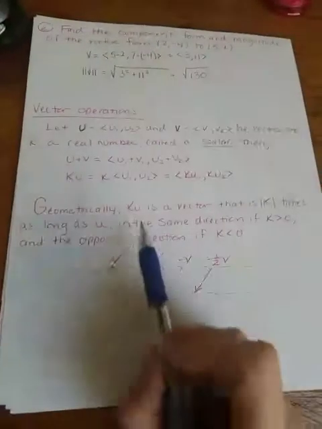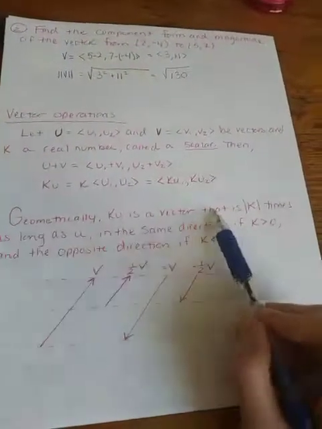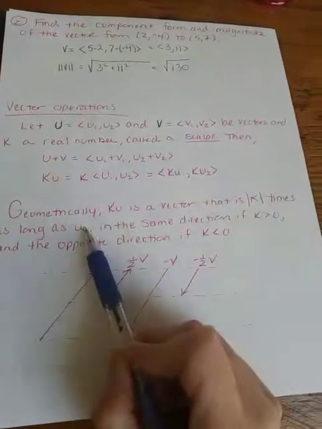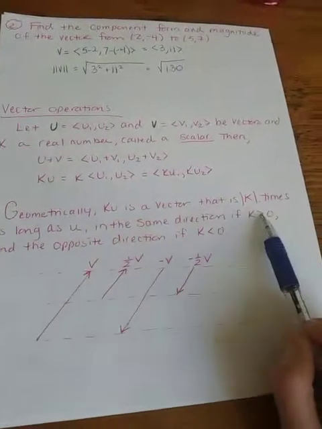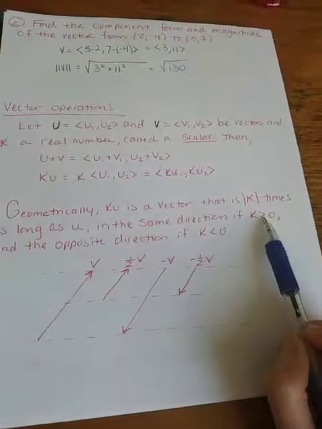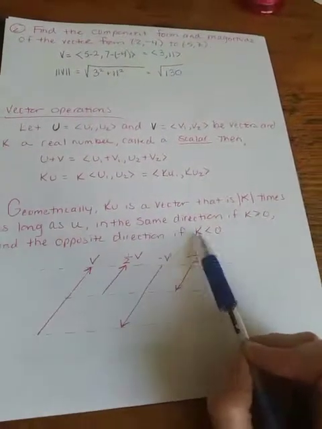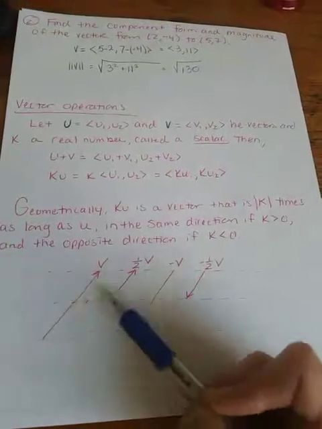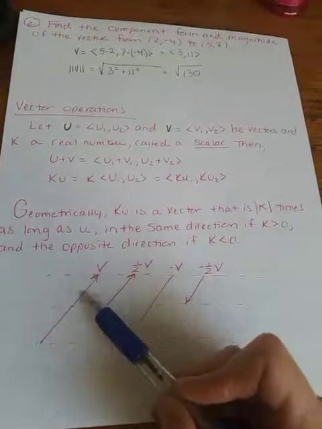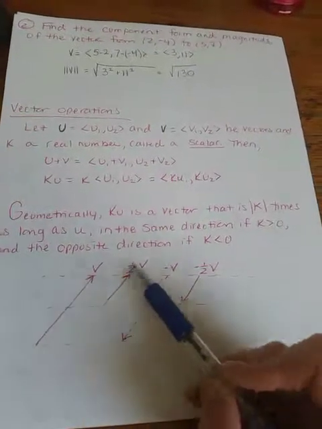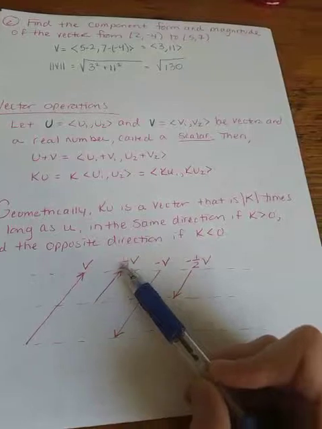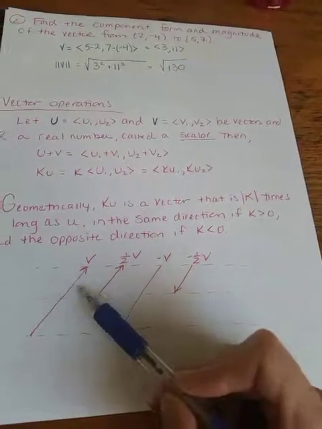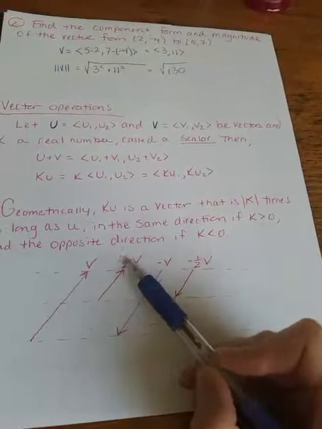Geometrically, what do these look like? The vector k times u is a vector that is the absolute value of k times as long as u. It would be in the same direction if k is greater than 0, and the opposite direction if k is less than 0. For an example, this is not drawn to scale, but if this was your vector v and your scalar was 1/2, then 1/2 v is just half the length of your original v, in the same direction because k is positive.